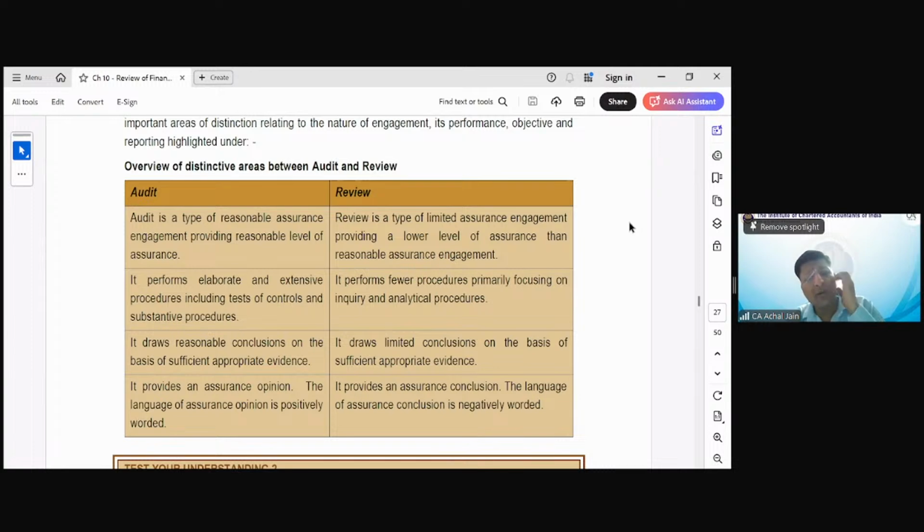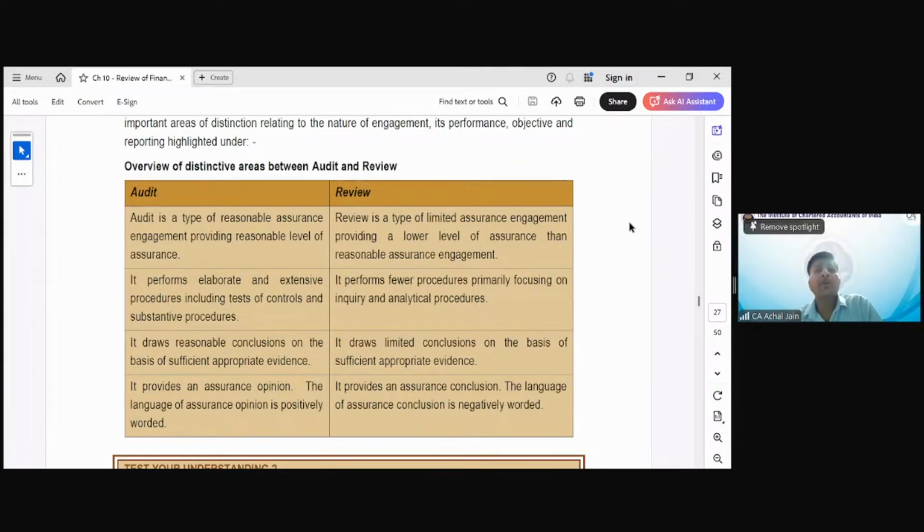So let's quickly look at these differences because I believe these are very important. Instead of just mugging up, you should try to understand. The moment you have clarity around these differences, you can say that you have understood the concept. So audit is reasonable assurance, review is limited assurance.